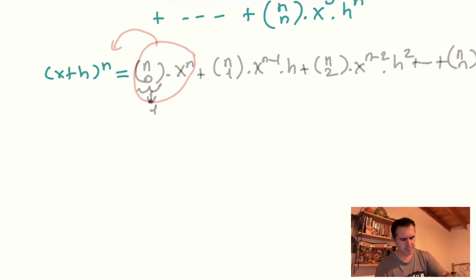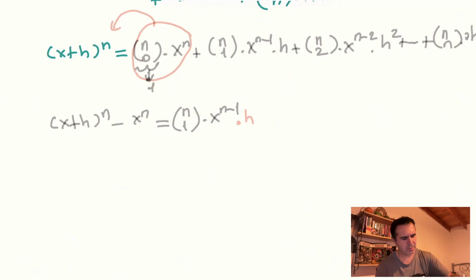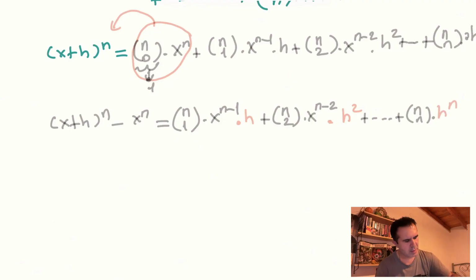So the equation becomes like this. (x plus h) to the n minus x to the n, since n choose 0 is 1, equals n choose 1 times x to the n minus 1 times h, plus n choose 2 times x to the n minus 2 times h square, plus and so on, n choose n times h to the n.